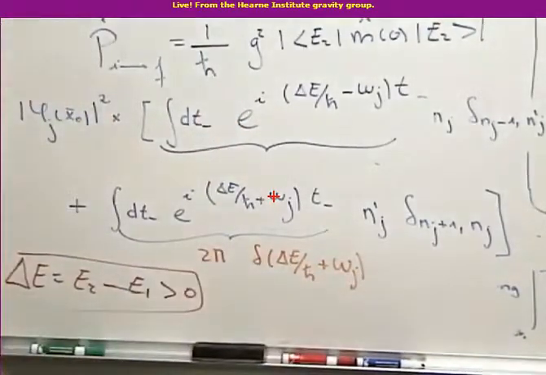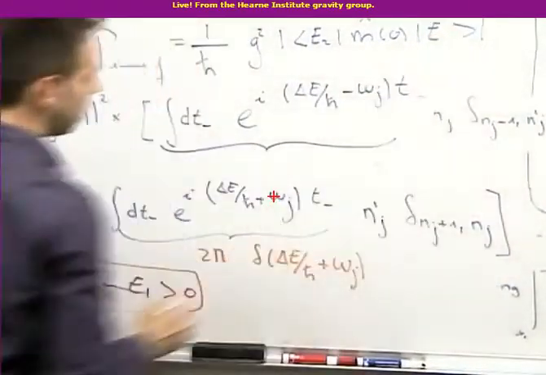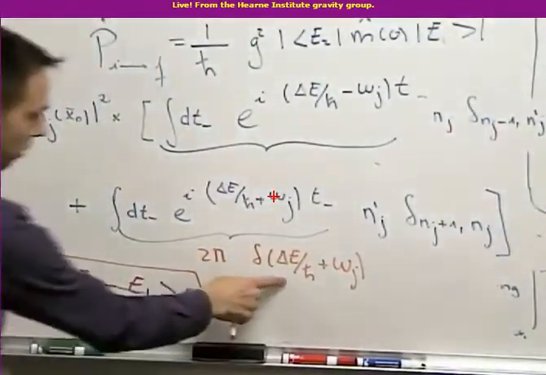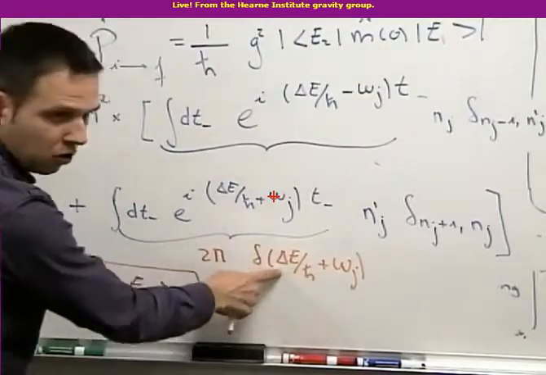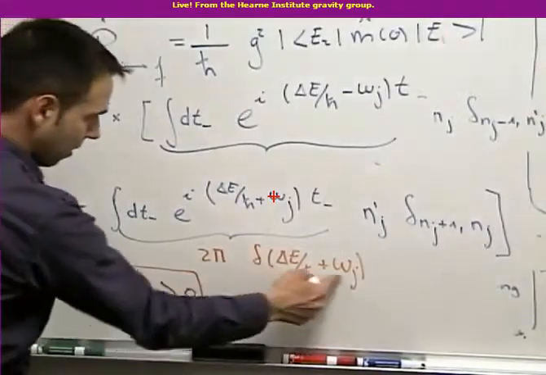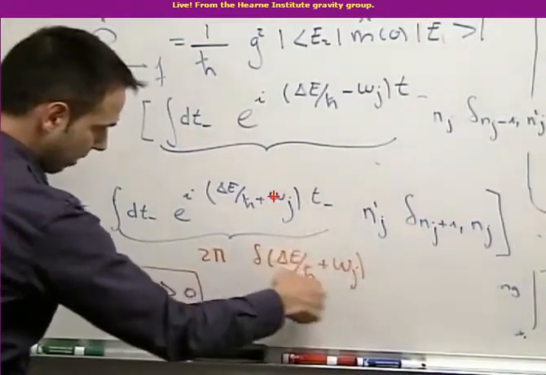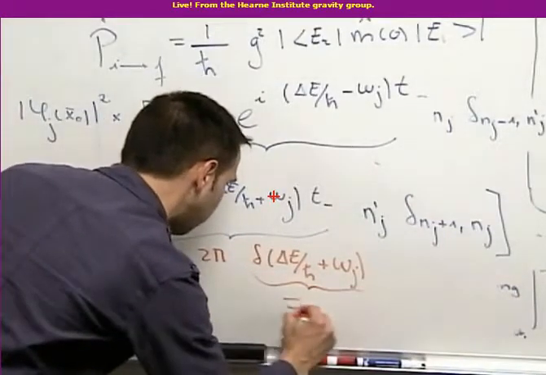Is the first term in the rate E2 and E2 again, or is it E1, sorry. But look at this term. Frequency is positive by definition. This guy is positive by definition. So this is never going to be zero. You have the sum of two positive quantities. So this delta function is zero.